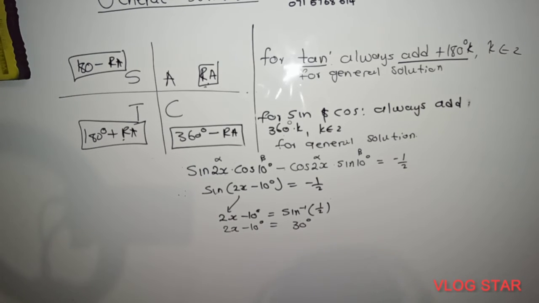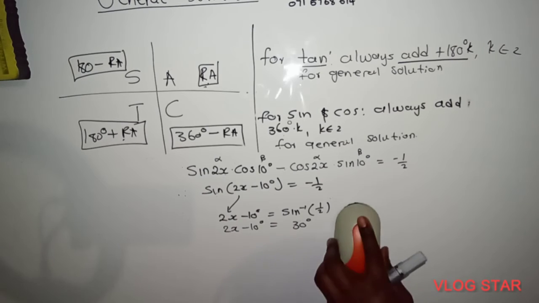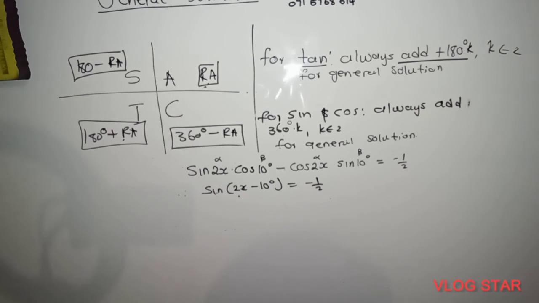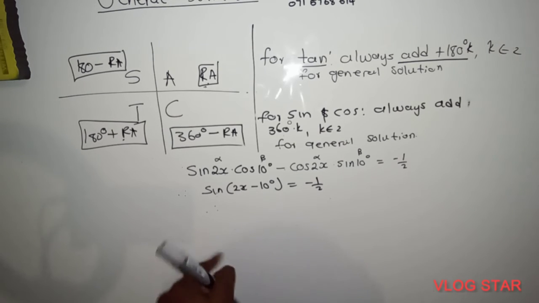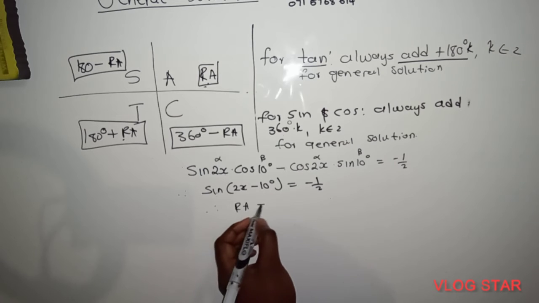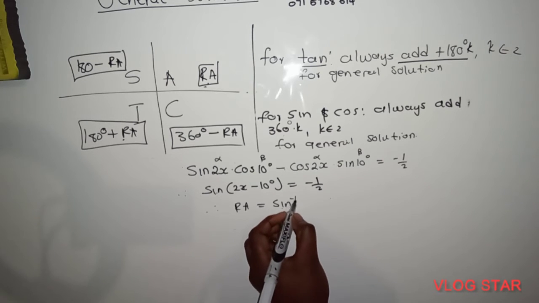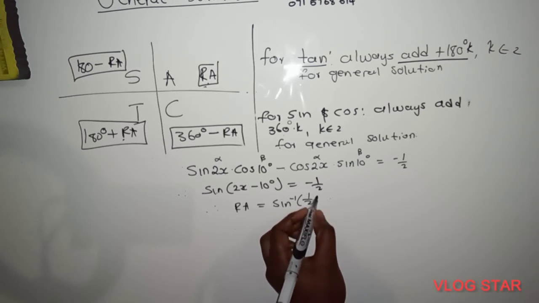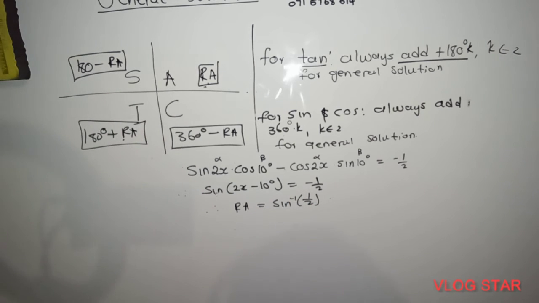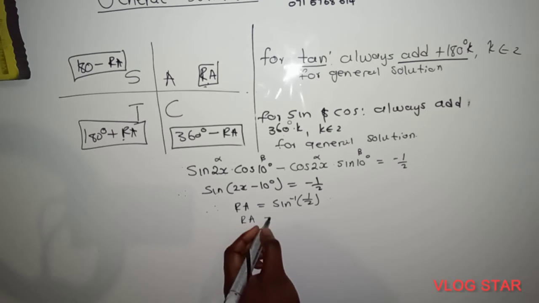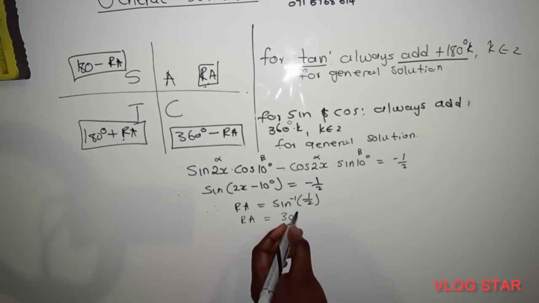Or if you feel like it is confusing you, we can do it this way round, like what we did on the first question. You can just write the reference angle equals arcsine of 1/2. Don't put the negative angle, since it's just telling you the quadrant. So now your reference angle is going to be 30 degrees.